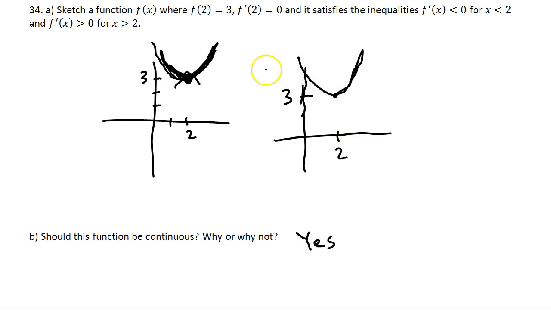If you want to draw an example of such a thing, you need the graph to be continuous, because what these conditions implicitly tell us is that the value of the derivative exists for all real values, right? So f prime is negative. It means that f prime does exist for any value of x less than 2.